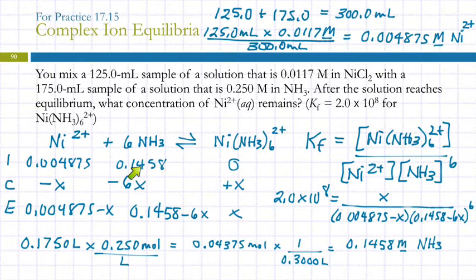Let's calculate how much of this is needed to react with this and make all of our nickel into this. So for 0.004875 moles per liter of nickel, if I multiply that by 6, that's going to require 0.02925 of the ammonia.